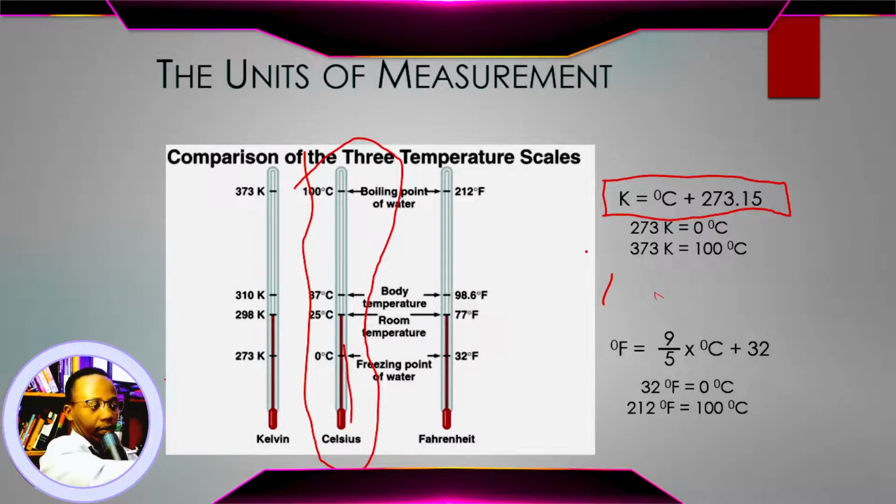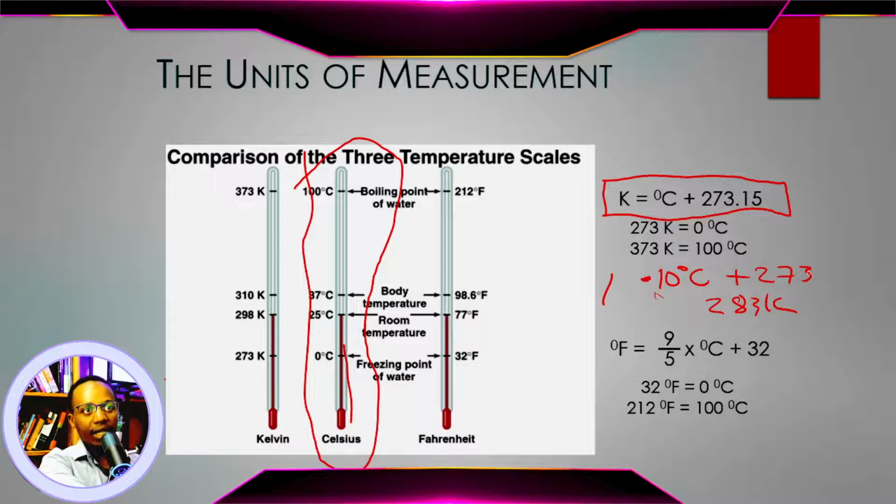Well, if I ask you, how many Kelvin are in 10 degrees Celsius? All you have to do is, if you have 10 degrees Celsius, it's going to be 10 plus 273, and then it's going to be 283 Kelvin.